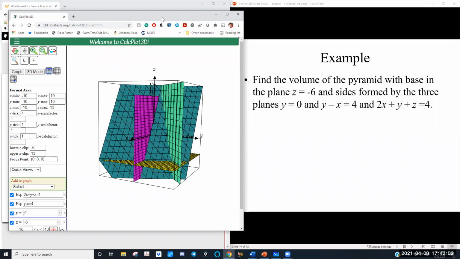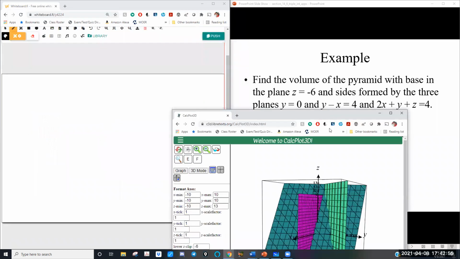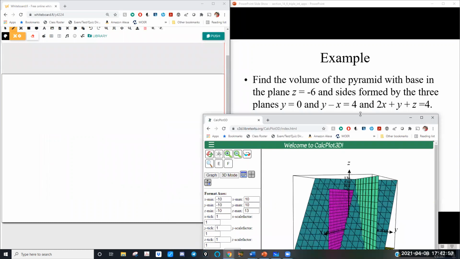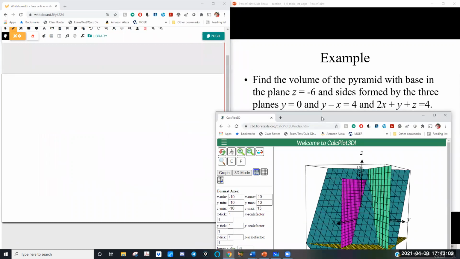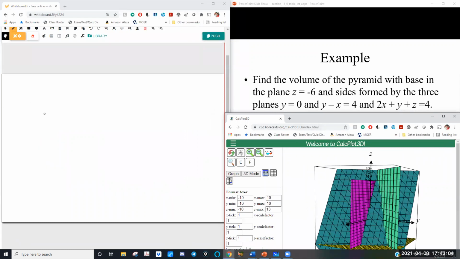All right, so let's move our thing out of the way here. Hopefully you guys can still see at least some of it. And let's start to write up our integral. We're trying to calculate the volume, so it's going to be a triple integral. I'm going to start with the inside. Our integrand is 1 because we're just doing volume.